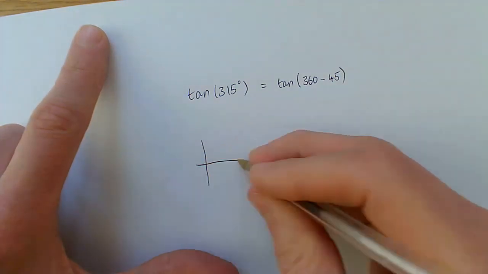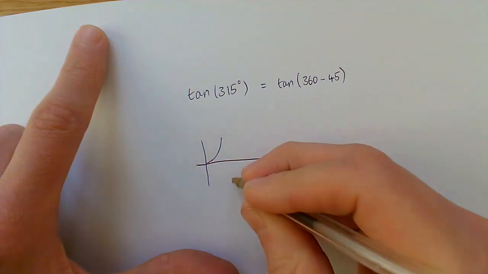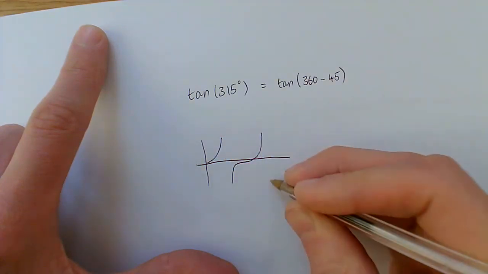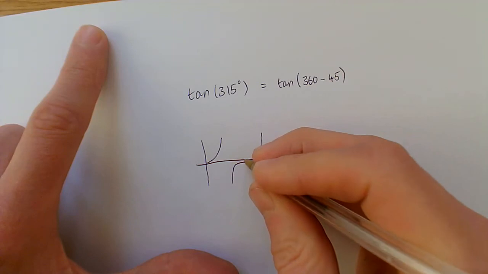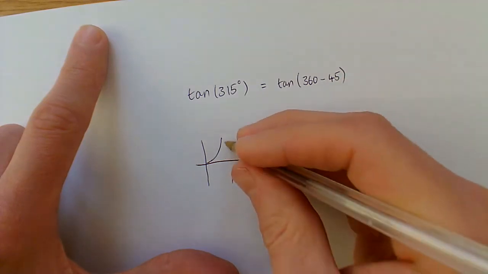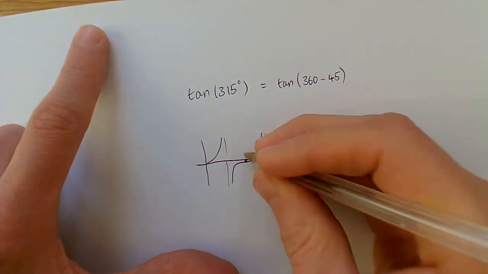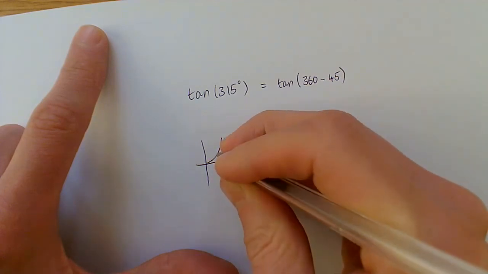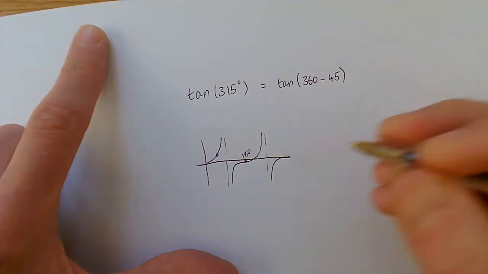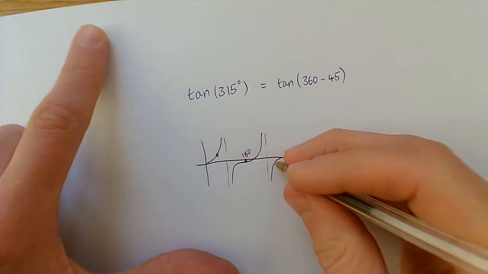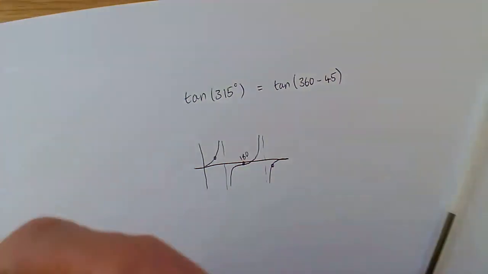Graph approach. Quick tan graph. Well, if I do tan of 45, that's 180. Tan of 45 is there, but tan of 315 is down here.